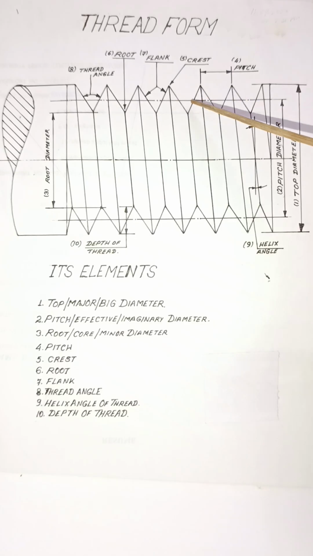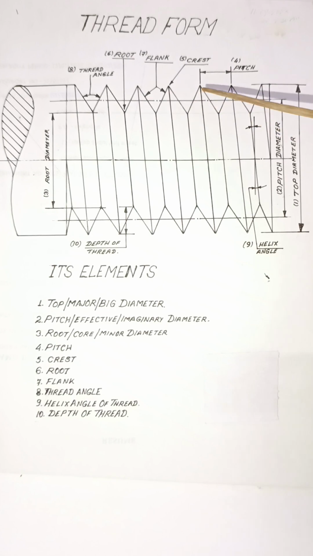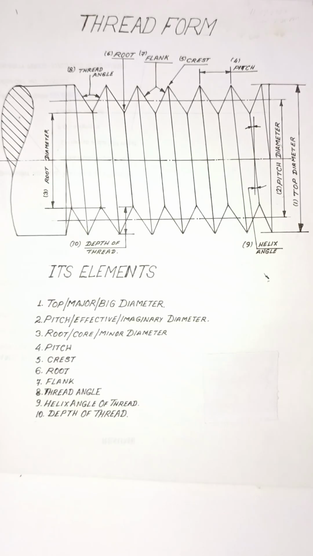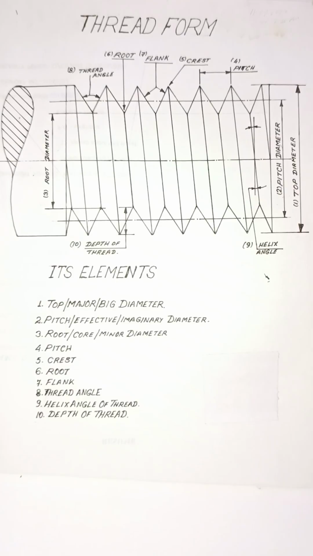Then thread angle, where two flanks meet at a point. This is an angle. This angle is called thread angle. These angles are different for different thread forms. V-shaped thread has three types of angle. One is 47.5 degree, BA thread, that is British Association thread.